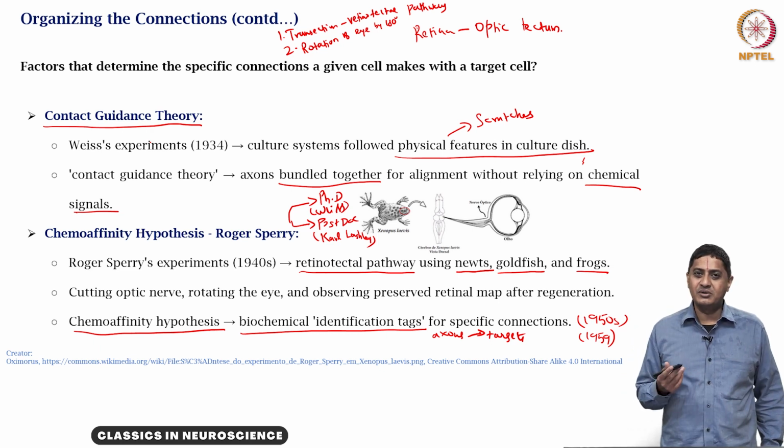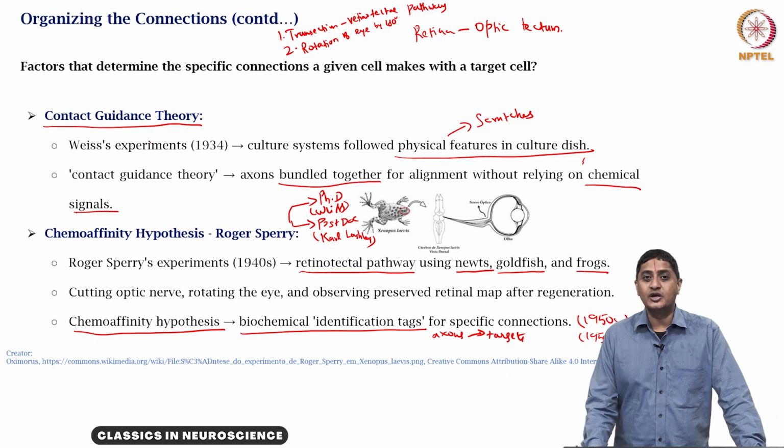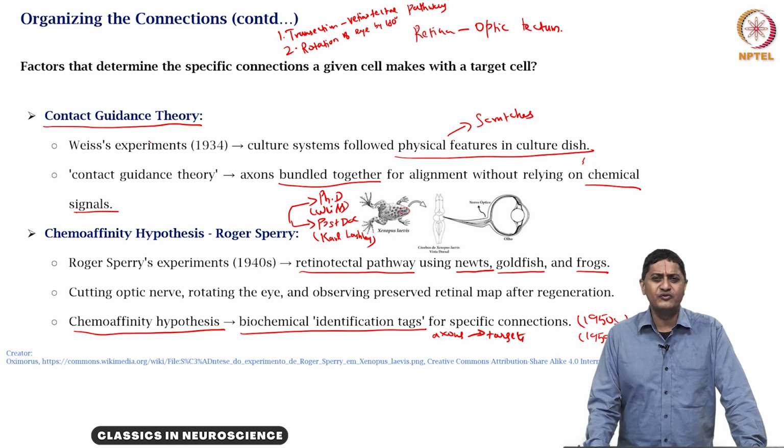So, Viktor Hamburger later recounted these results, saying that he knows of nobody else who has dismissed the works of both PhD advisors and postdoc advisors at the same time like Roger Sperry.